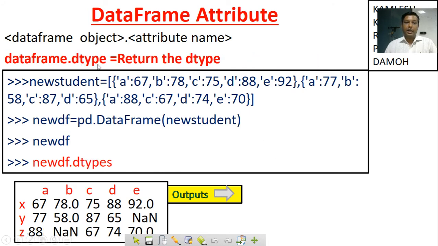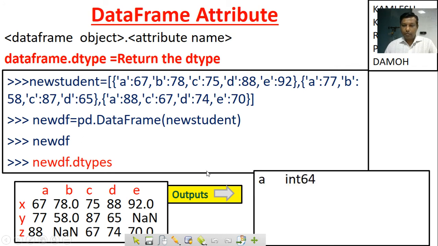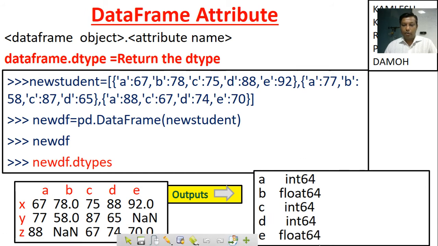Next is dtypes. It returns the data type. You can see the program is this one, and a int64, b float64, c int64, d int64, and e float64.